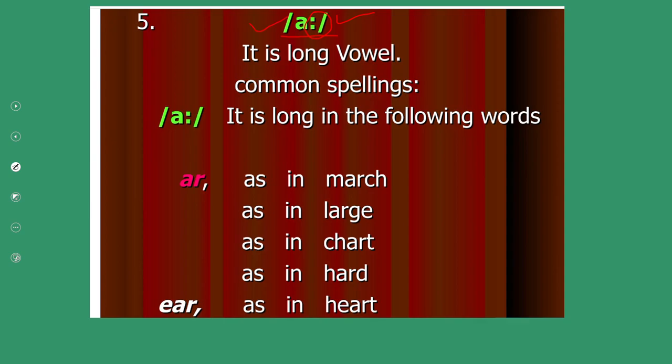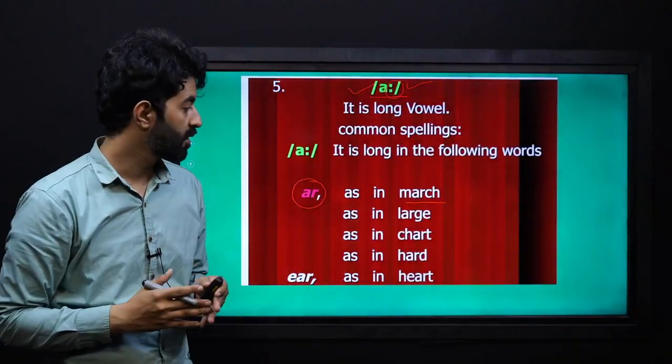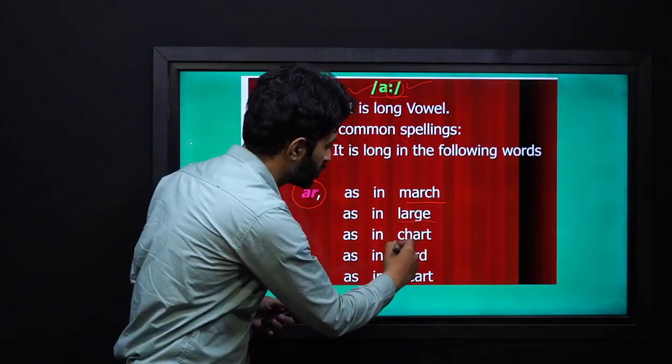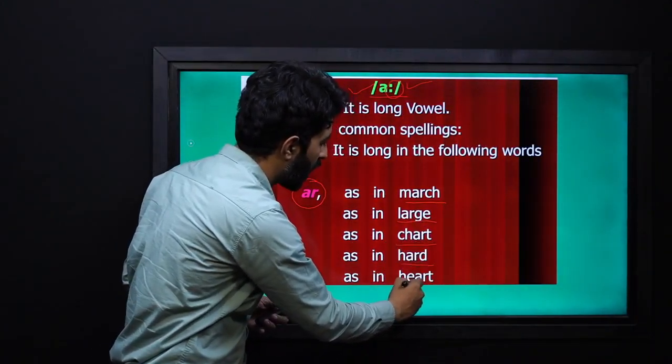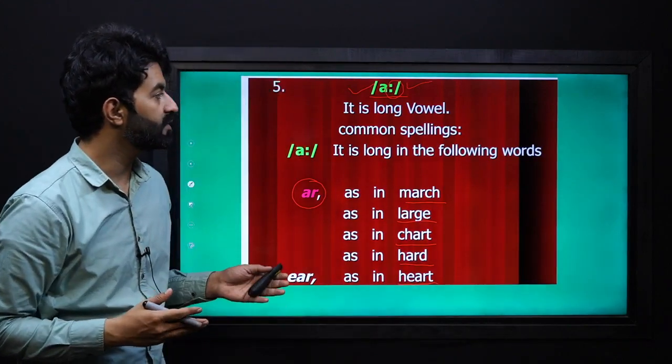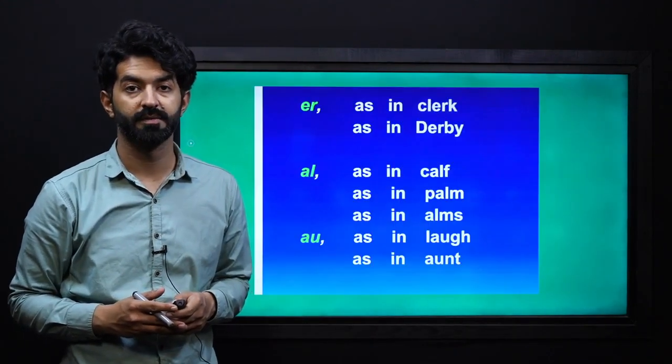We have to stretch the A sound more. For example, march. In march, the sound is longer, march. Or in large, chart, hard, heart. So all these have longer vowels.